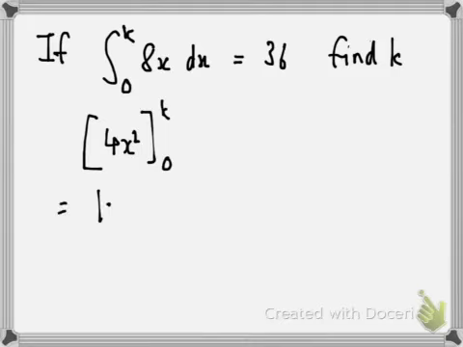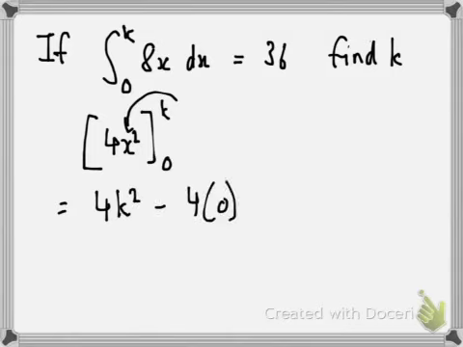So we're going to put our two terminals in now. So it's going to be 4, so we put in k in for x. K squared minus 4 times 0 squared, by putting 0 in for x. Okay, equals 4k squared. Now we're told, we now have equated two things.